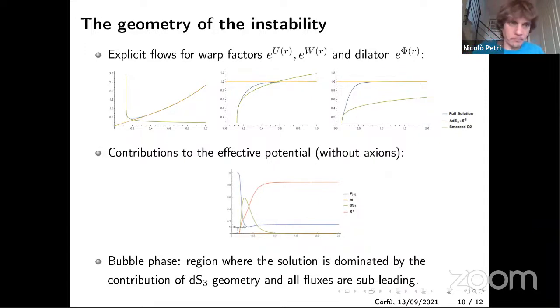the fluxes. So in particular, if we go close to the origin, this is the UV. We see that there is a curve, the blue one corresponding to the sixth flux, that explodes while all the others die. And this is exactly the point in which we have the D2 source.